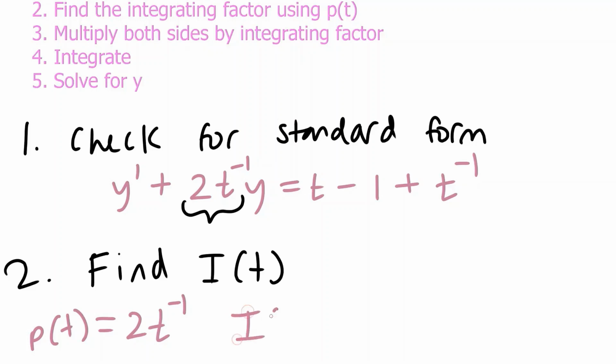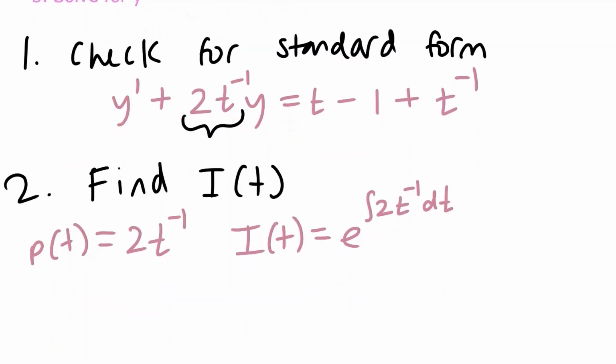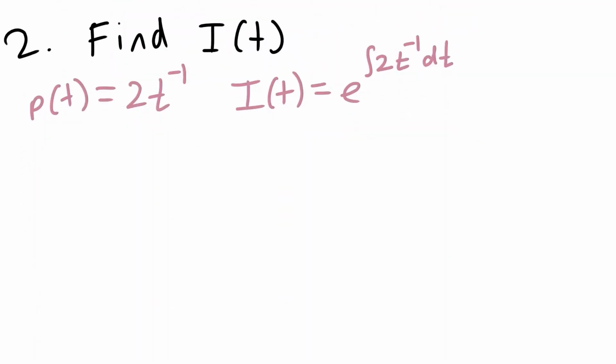So I of t equals e to the integral of p of t, which is 2t to the negative 1 dt. We can solve that down here, which is equal to e to the 2 times the integral of 1 over t dt. And we know from basic calculus that the integral of 1 over t is ln t.